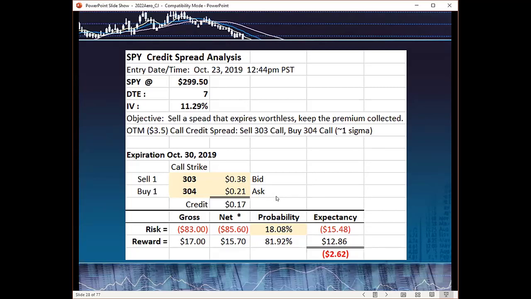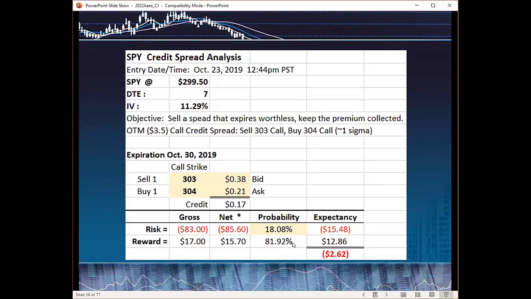The bid and the ask: in the SPY, that options market is extremely tight. There's generally one penny to two pennies between the bid and ask. So I'm paying the ask and I'm selling to the bid, which should be filled immediately in that market. The credit for that spread is 17 cents, or one contract would be $17.